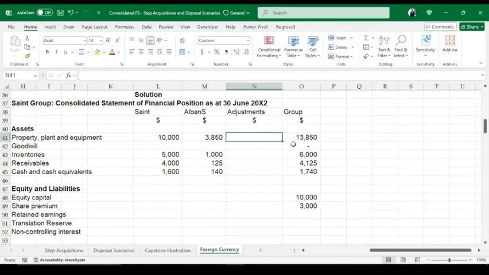So we are going to adjust for the depreciation.